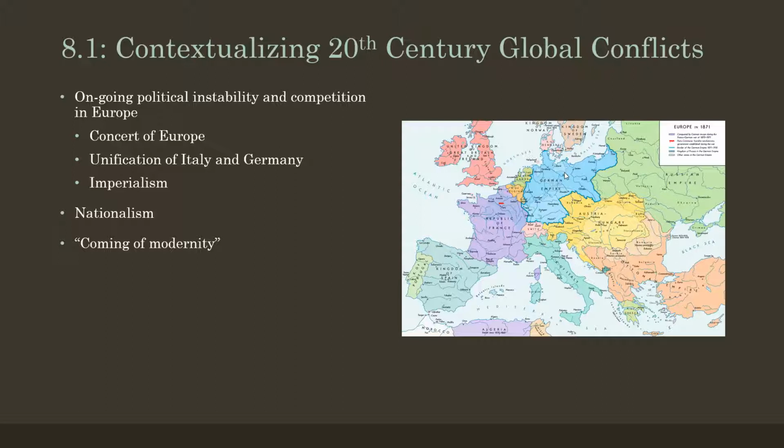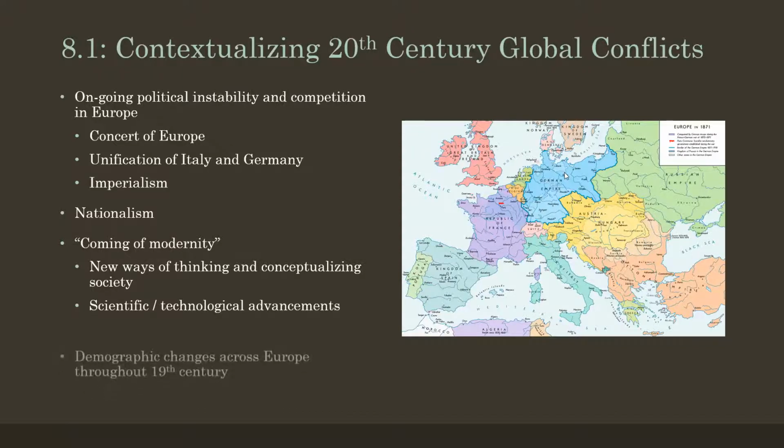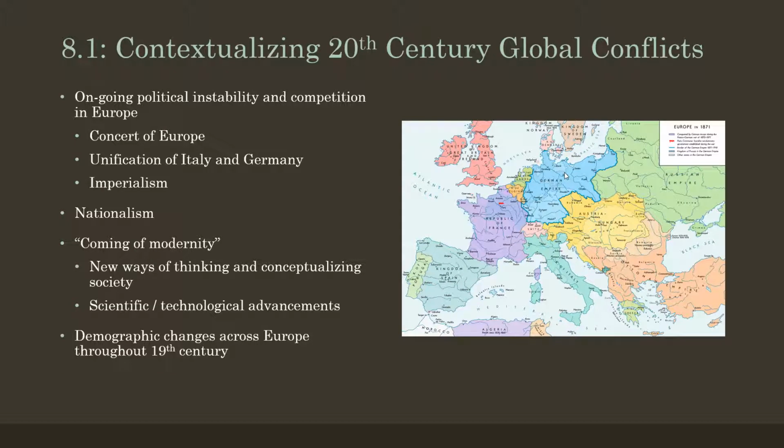By the time we get to the second half of the 19th century, there are new ways of thinking. There are new ways of conceptualizing society. We looked at some of those in the last unit. And then there are also scientific and technological advancements that are beginning to fundamentally change the relationship that people have with the planet and with each other. And that's going to cause more chaos, more uncertainty. And as we'll see, and as you probably know, it's also going to cause more destruction with the outbreak of both of these wars.